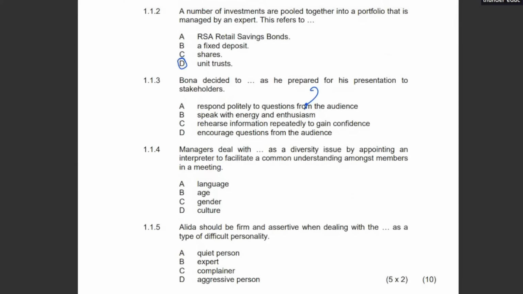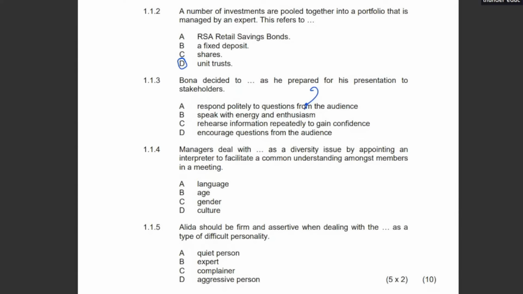Bonner decided to dash as he prepared for his presentation to stakeholders. So now the options that are given, we have respond politely to questions from the audience, speak with energy and enthusiasm, rehearse information repeatedly to gain confidence, or the last one, encourage questions from the audience. So now if we check, the question says, Bonner decided to dash as he prepared for his presentation.